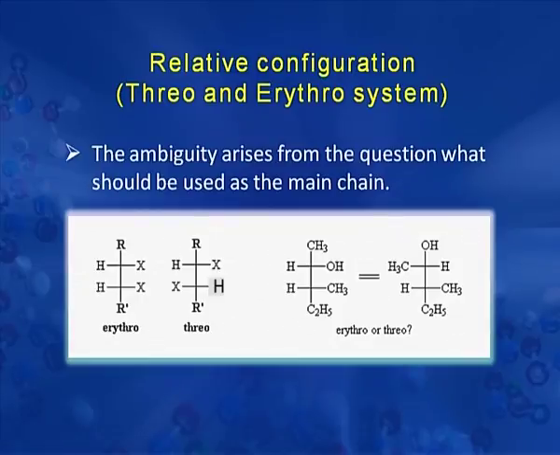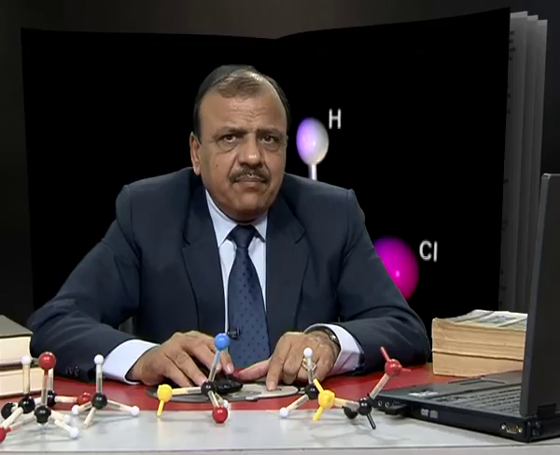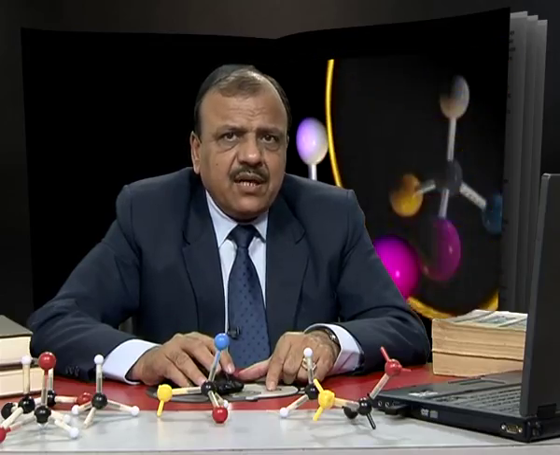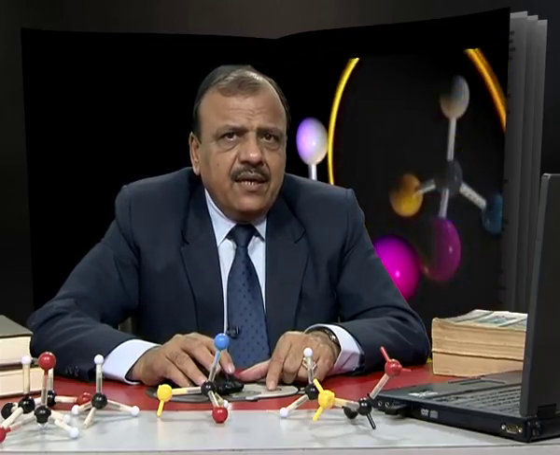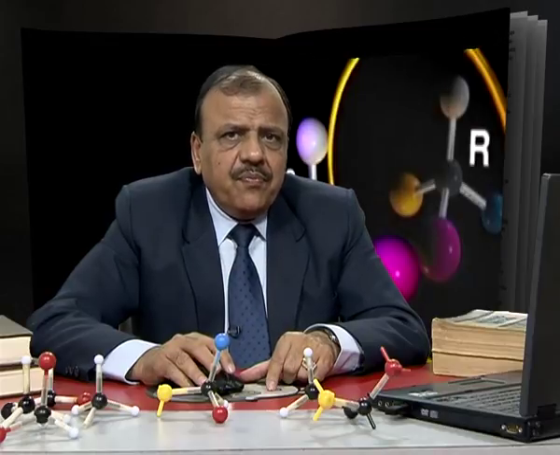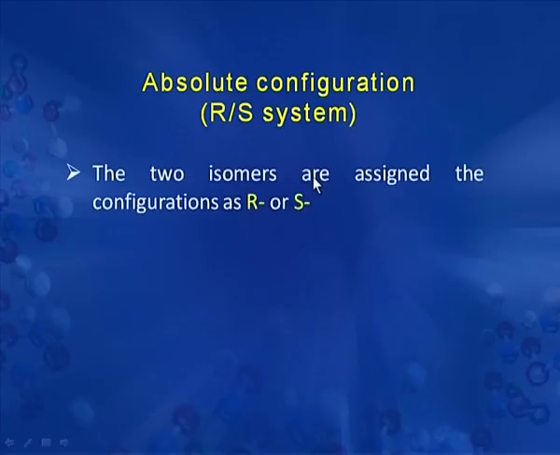Actually, what was required was an absolute method, a method which gives the configuration directly on the basis of the arrangement of atoms, and that system was the R and S system. This R and S system is based on those CIP rules which we use for the E and Z system for geometrical isomers.